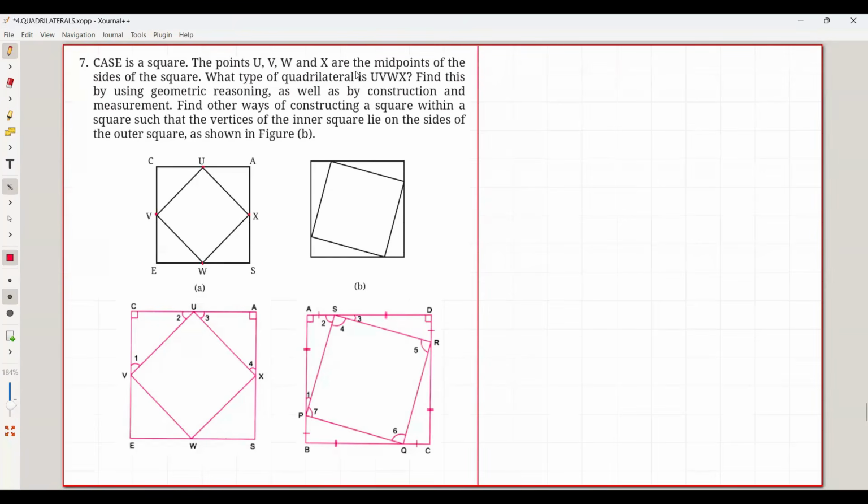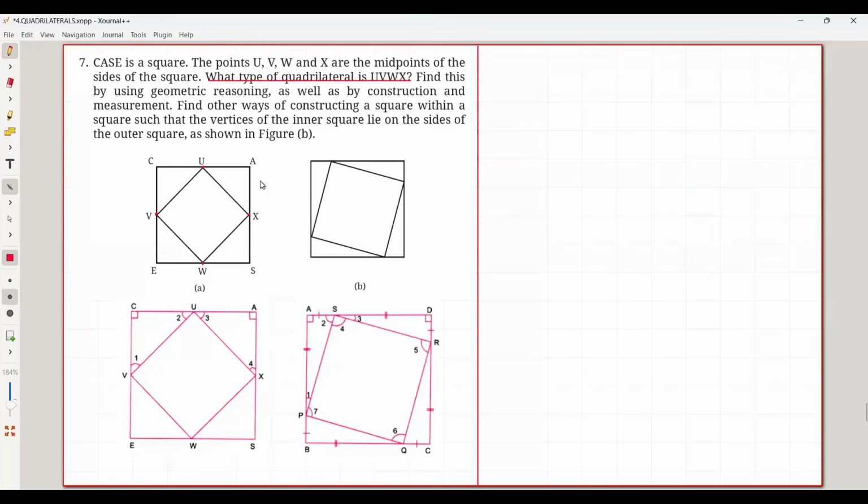What type of quadrilateral is UVWX? What is the name of this quadrilateral? Actually, the answer is UVWX is a square.